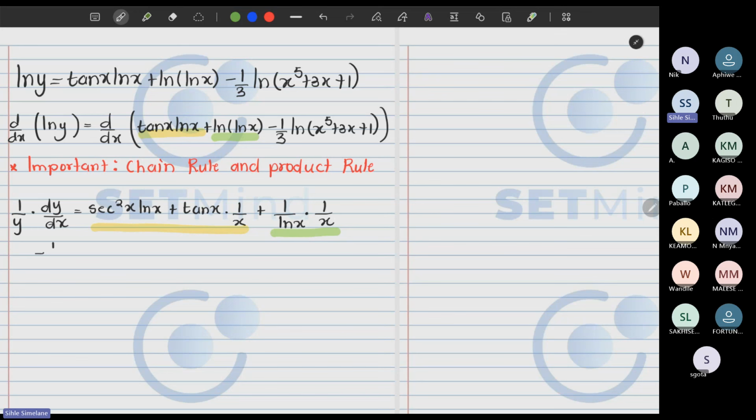So I have negative 1 over 3 times ln. When we derive ln, we put 1 over whatever is inside the ln: x to the 5 plus 3x plus 1. Then according to chain rule, we need to multiply by the derivative of what is inside, which is going to be 4x. No, it's going to be 5x to the power of 4, and then plus 3.